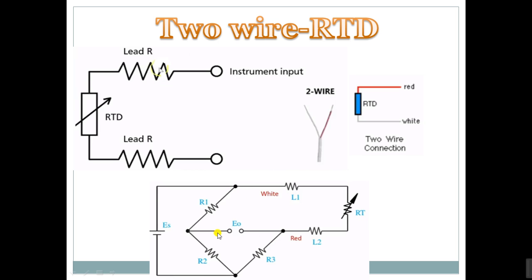According to the unbalance, the voltmeter measures the temperature in terms of voltage. This type of two-wire RTD is low cost and used only when lead wires are short, and it is rarely used due to the high error from lead wire resistance. High voltage AC units might use this two-wire RTD.